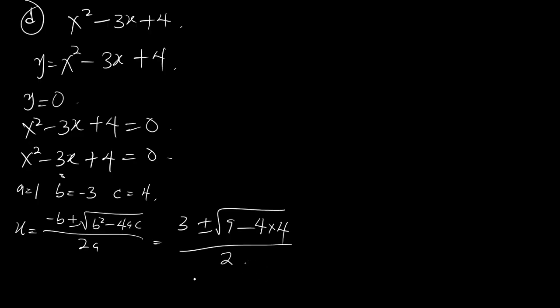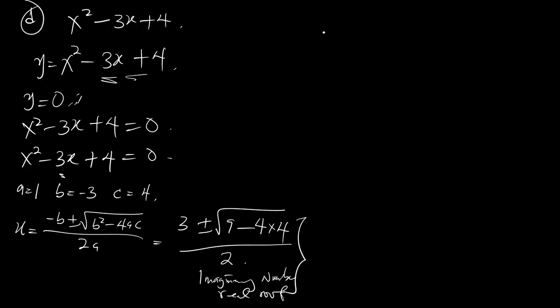So this one is an imaginary number, so no real roots. So there is no point where you have x, so that means this curve does not touch the x-axis.